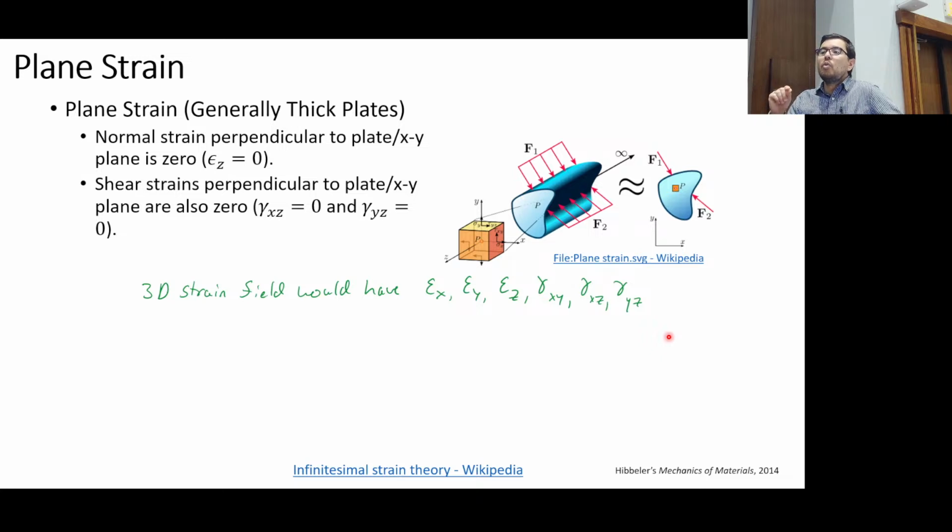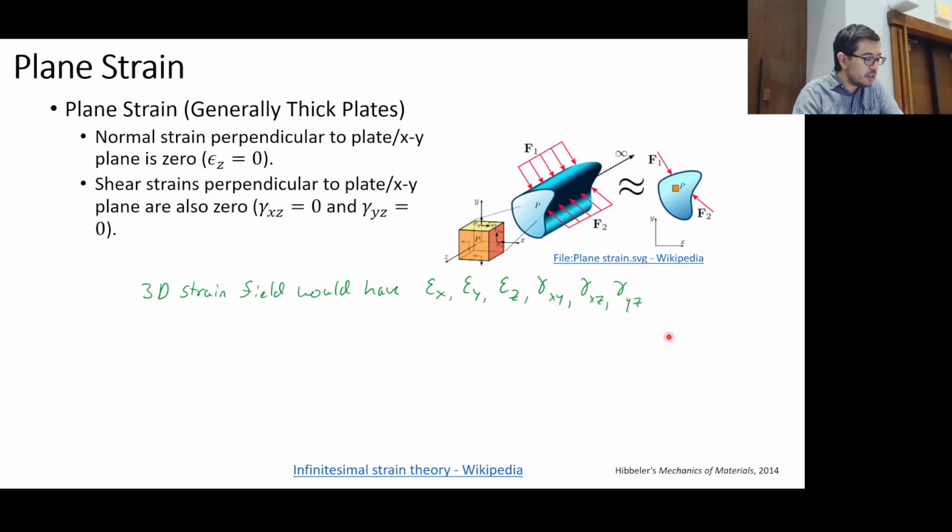And just like in plane stress, the z direction, the component orthogonal to the plane we're looking at, is going to be zeroed. In plane stress, sigma z was equal to 0. In plane strain, we're going to say epsilon z is equal to 0. The shear strains perpendicular to the plate, the xy plane, right?